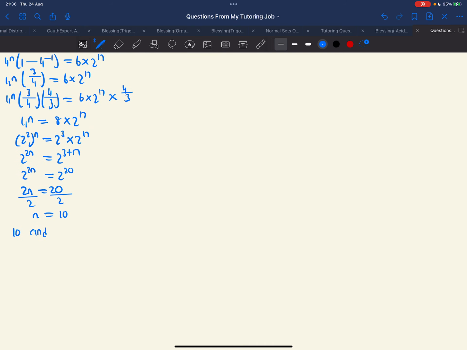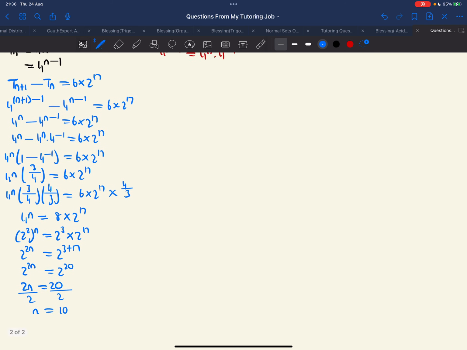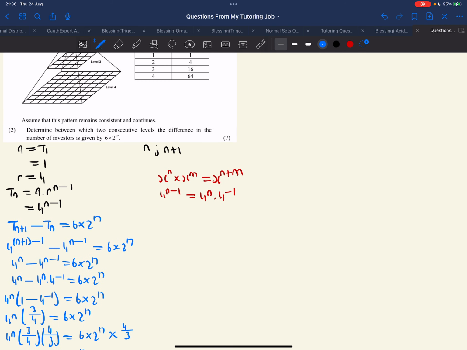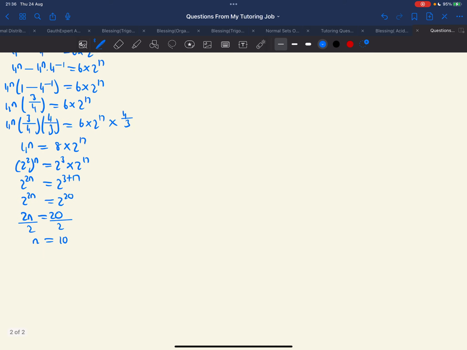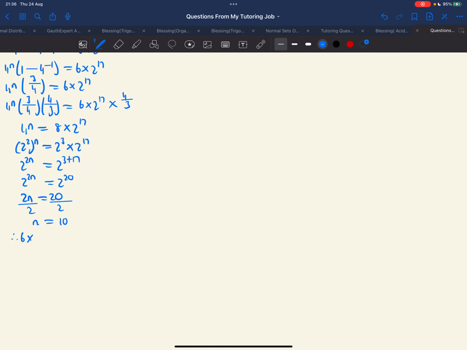So let me write that one. So we're going to say, between which two consecutive levels: 6 times 2 to the power of 17 is going to be between level 10 and level 11.